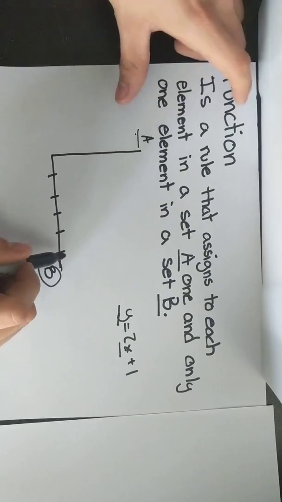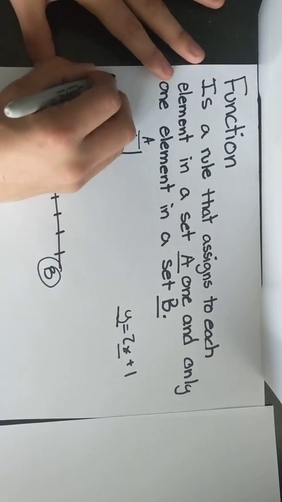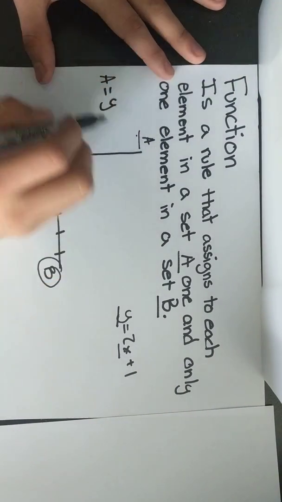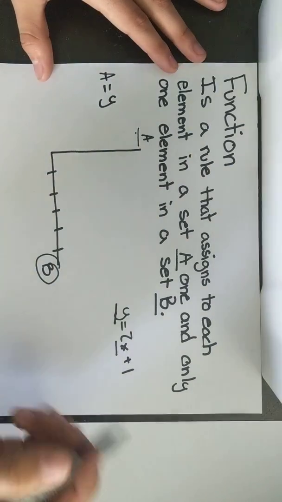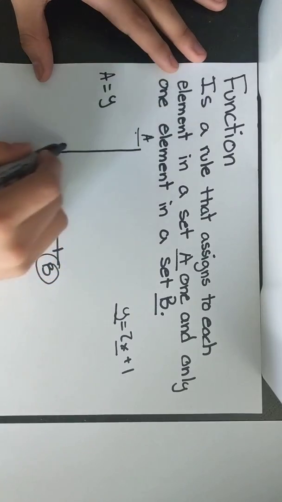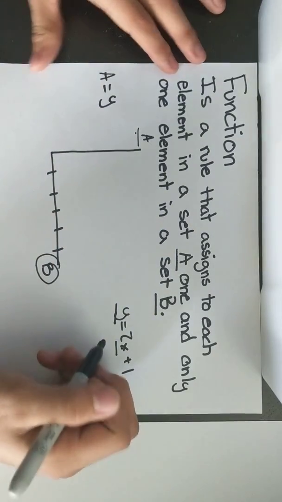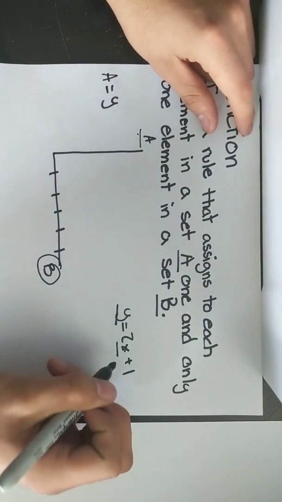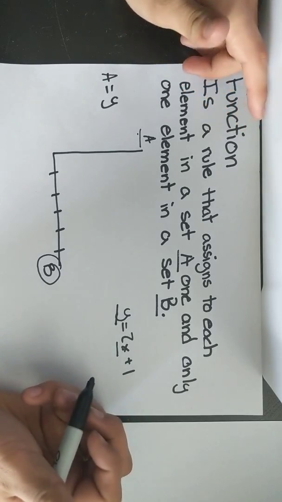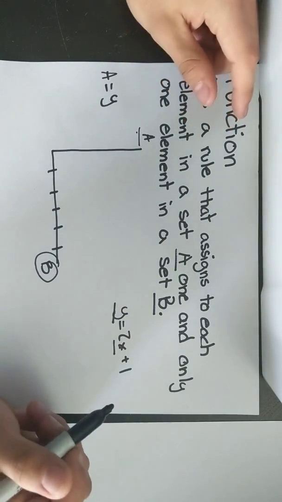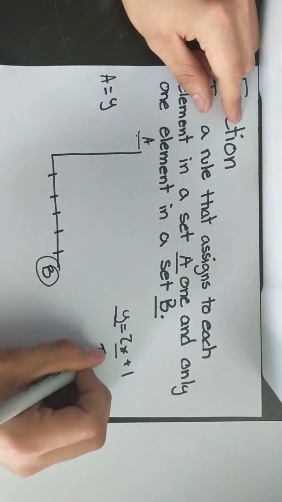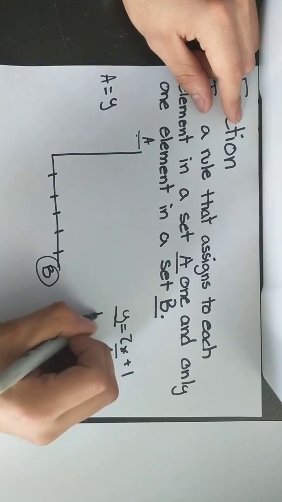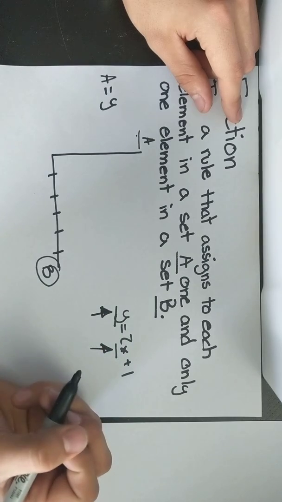Let's just say A equals Y. So if A equals Y, that must mean Y is equal to A. So this is our Y axis, and X is our X axis, correct? So we have Y equals 2x plus 1 as an example. This basically states that if I were to plug in something for my X, I would have a Y value.